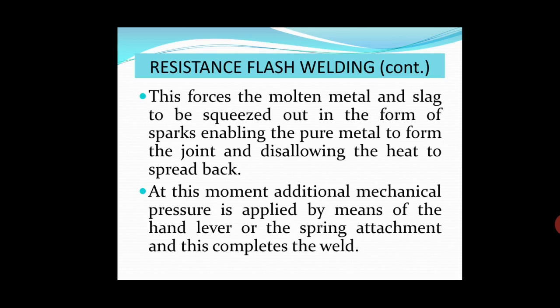These sparks enable the pure metal to form the joint, as the molten metal and slag is squeezed out in the form of sparks. This is the reason why this weld joint is better than the butt joint.